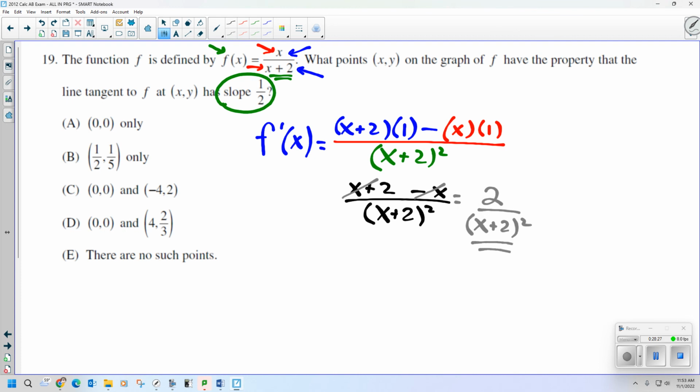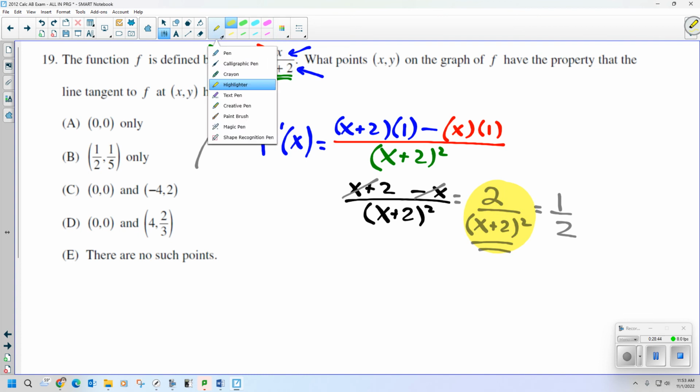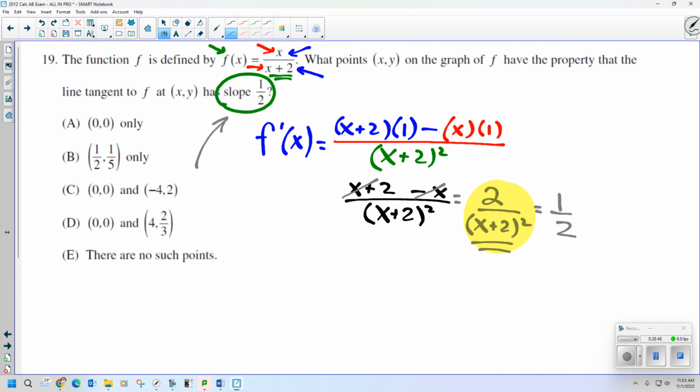That's my derivative. What points is the slope or derivative equal to 1/2? In order for this fraction to be 1/2, isn't 1/2 the same thing as 2 over 4? Doesn't that equal 1/2? Yeah, so if the top is 2, the bottom has to be 4.